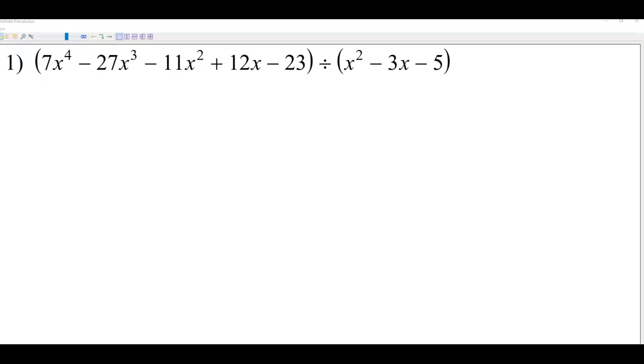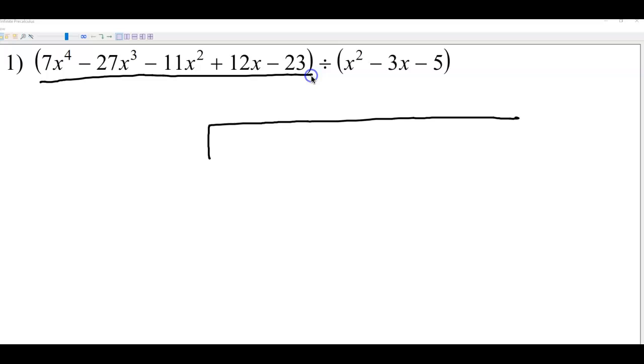Step 1 is to write it as a division problem, like with the bracket instead of the little division sign. So we're going to go like this. This whole thing goes on the inside.